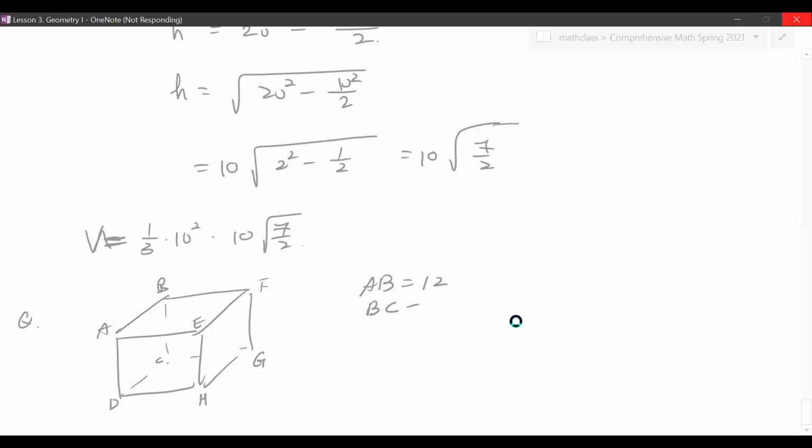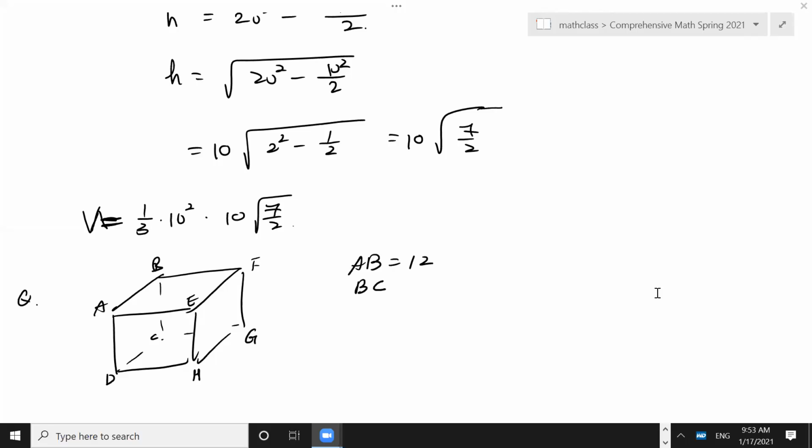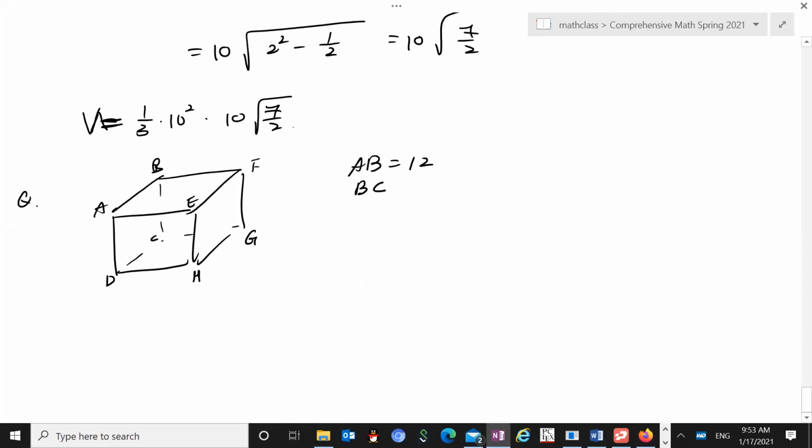This is rectangular. Sorry for that. BC equals 5 and AE equals 6. Okay, this is a rectangular box.